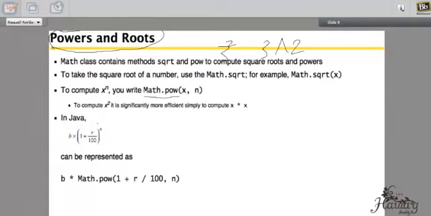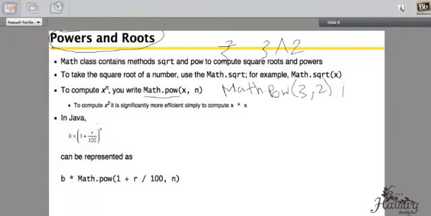So for 3 to the power of 2, in Java you write Math with a capital M, dot pow with a small p, and between the brackets you put 3, comma 2. This will give you 3 to the power of 2.